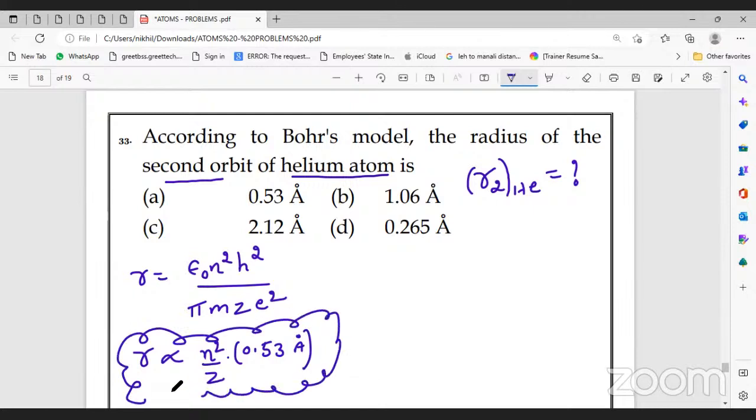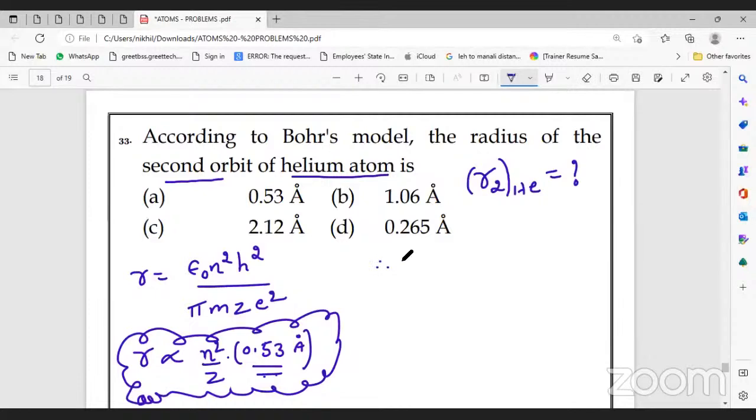If you want to find the radius of any orbit number for any atom in terms of the radius of Bohr's hydrogen atom, you know that in the first orbit it is 0.53 angstrom. For any other orbit and any other atom, radius is equal to n squared by z times the radius of the first orbit, that is n squared by z into 0.53 angstrom.